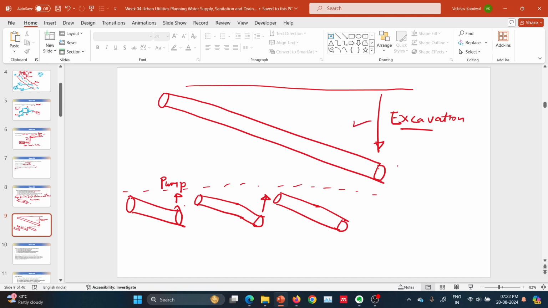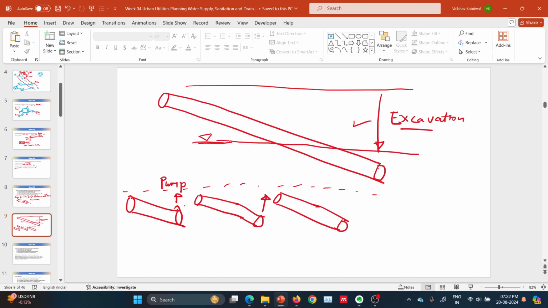And the treatment plant we have to make underground. That is not a feasible option, as we can make it, but we have to check the feasibility. We need to check so many factors like soil strata, topography, groundwater table. So we can't go much deeper because we may have the water table here also.